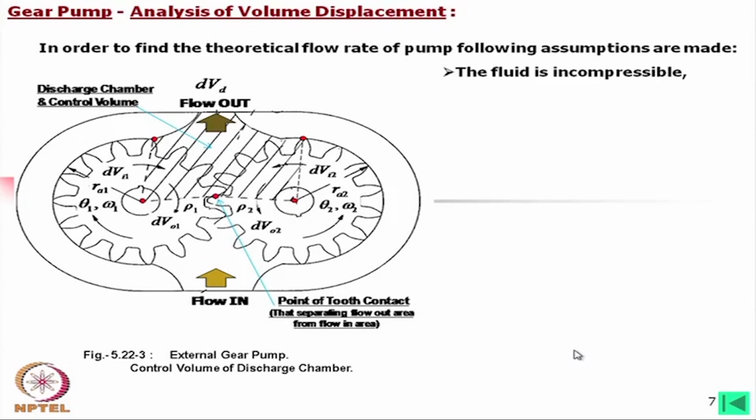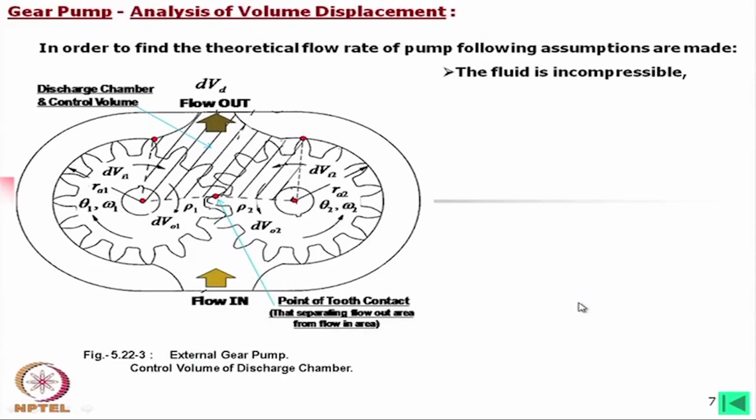Now, we have made some assumptions. These are: the fluid is incompressible, because if we consider compressible, then not only due to the area change, but also due to the compression the volume may change, I mean the total quantity of the fluid may change.